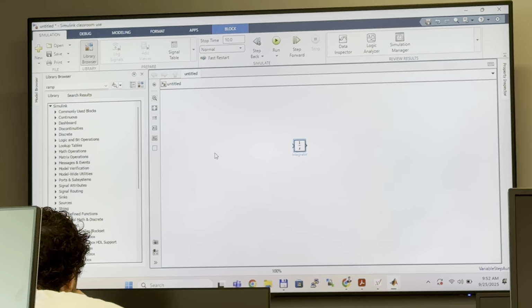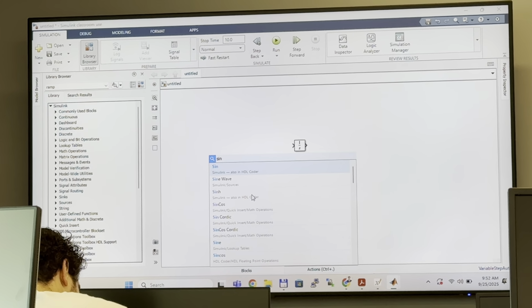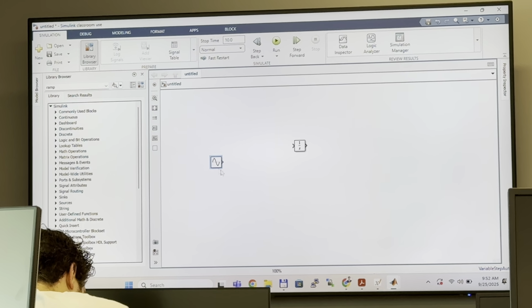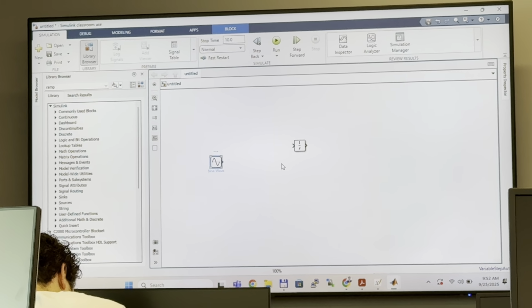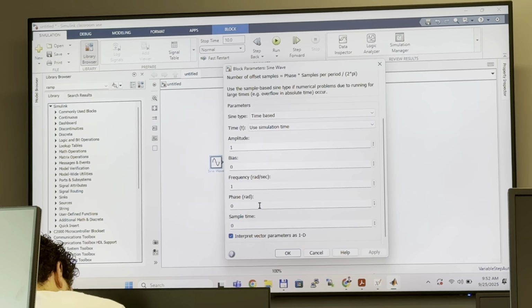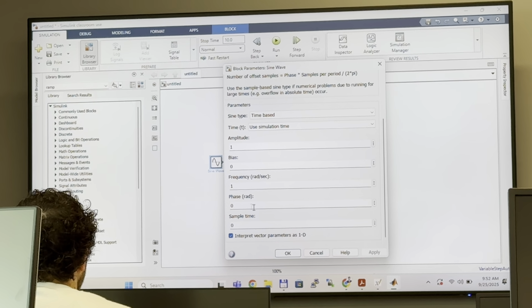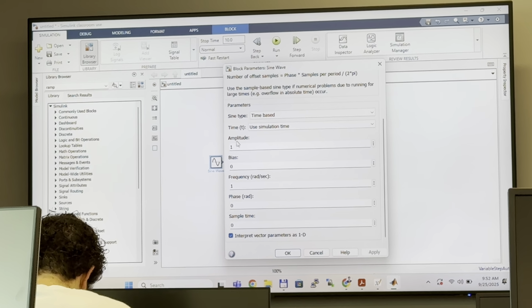So if you have a signal, let's say sine wave, simply sine wave here. So time based, frequency 1 radians per second, and phase is 0.